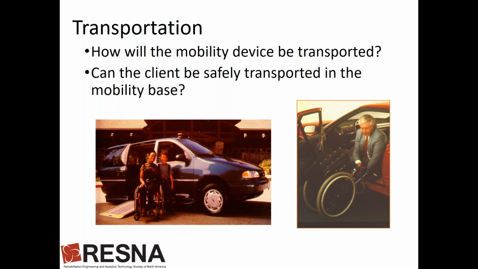I had a guy, a para, who told me he just transfers into the bus seat so that he doesn't have to deal with being tied down in his chair. So we talked about, is that a safe option for you? And talking about what the liabilities are.